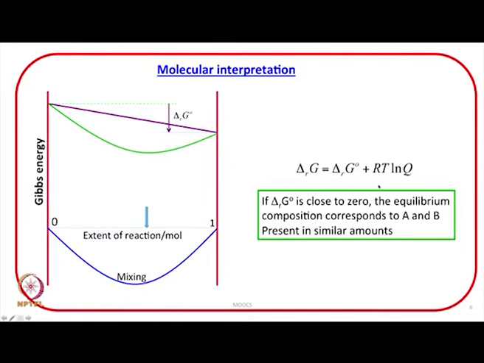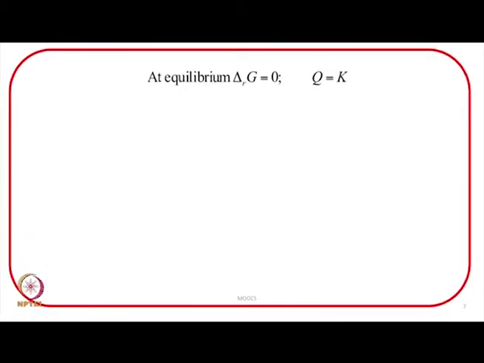Okay, let us continue our discussion. At equilibrium, delta Rg is equal to 0. That means the slope is equal to 0. And we can replace Q by K. So, in this equation, where this is the slope, at equilibrium we know that the slope is equal to 0.